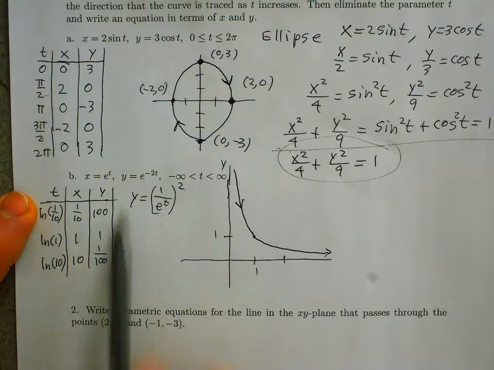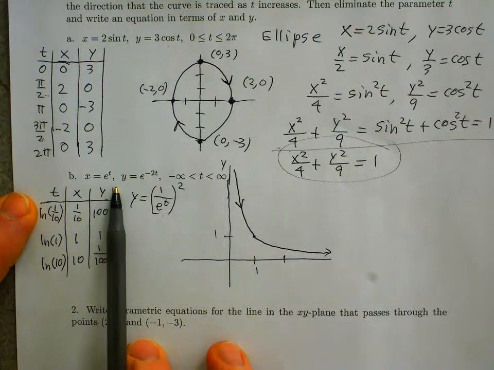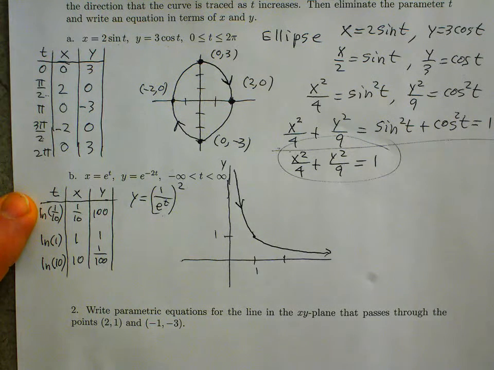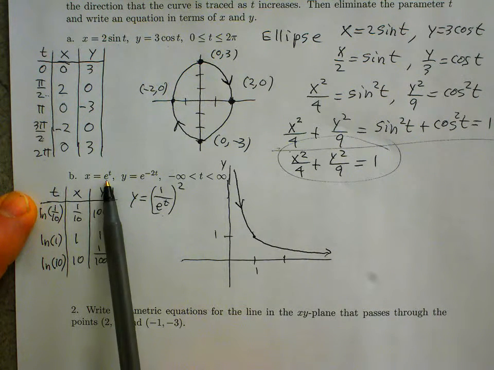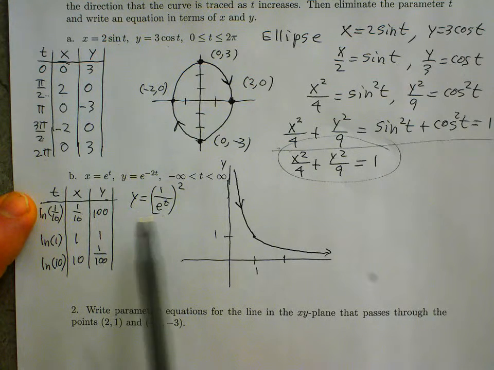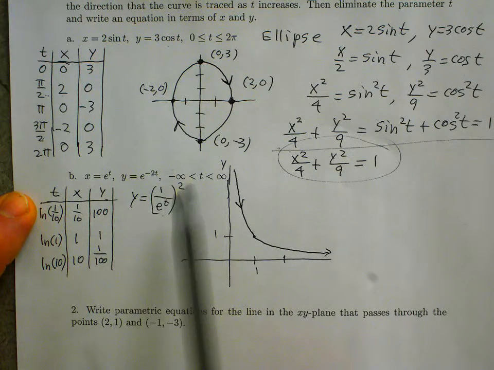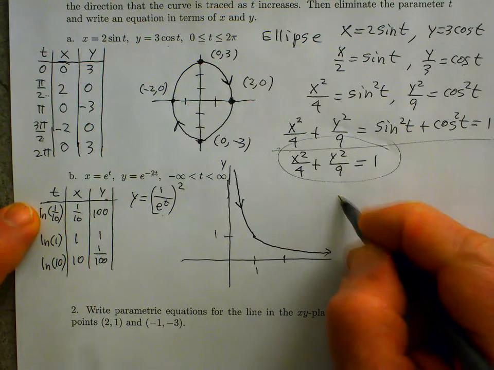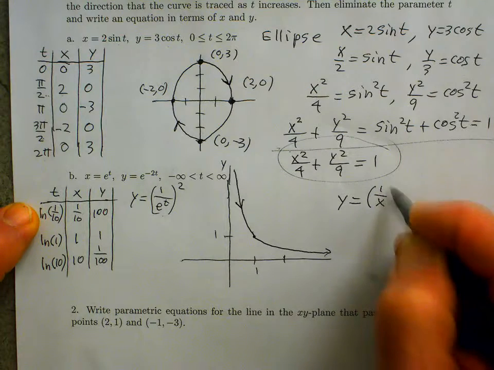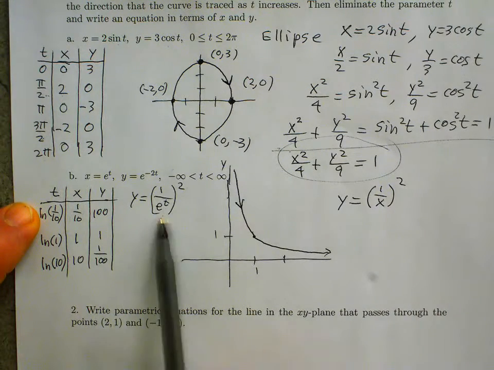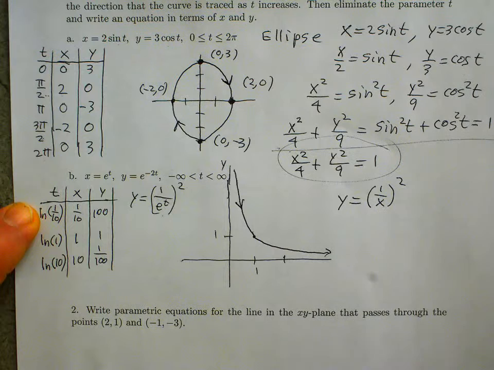Okay, to remove the parameter t, this is pretty simple. Since x equals e to the t, and you can think of y as the quantity 1 over e to the t to the second, you can start by writing y is equal to 1 over x to the second. All I did was replace e to the t with x.